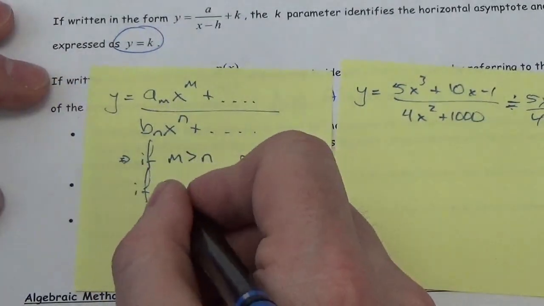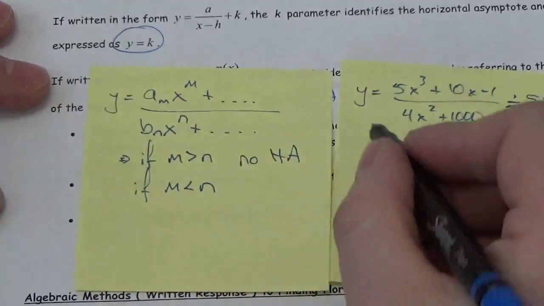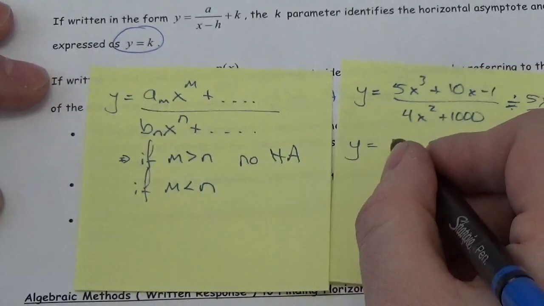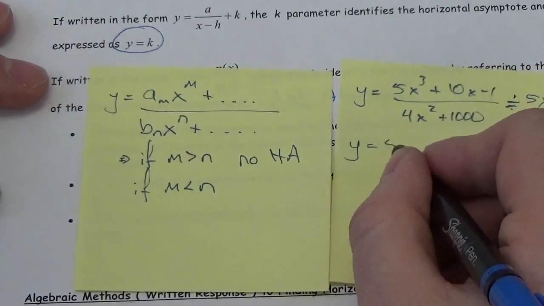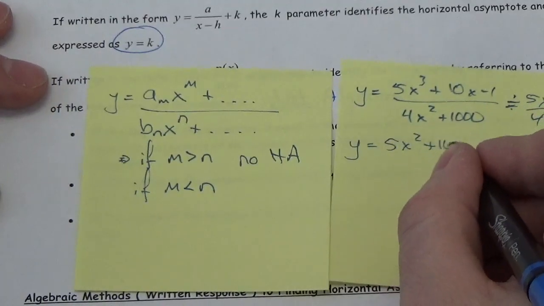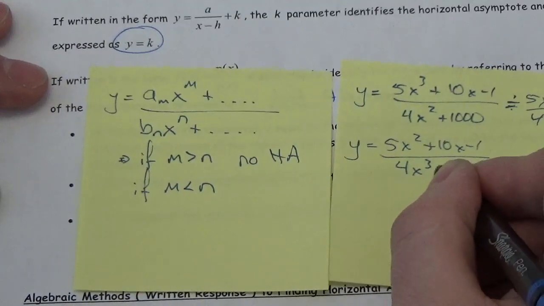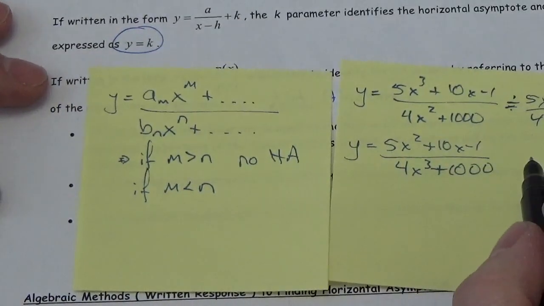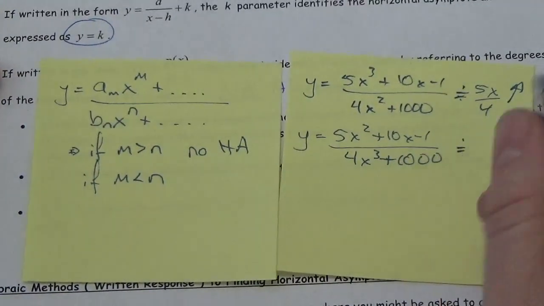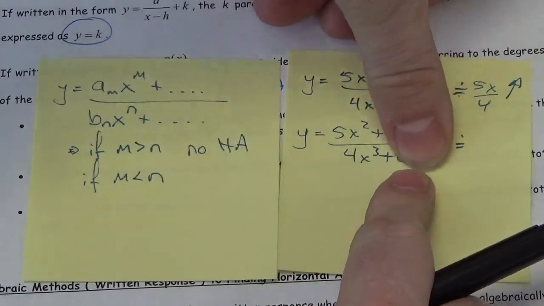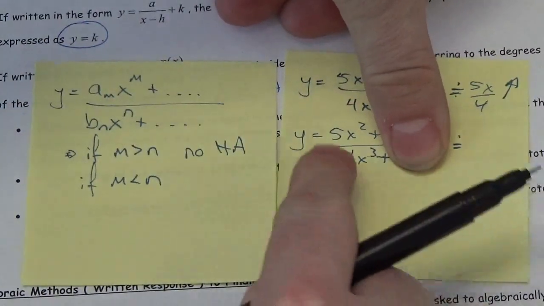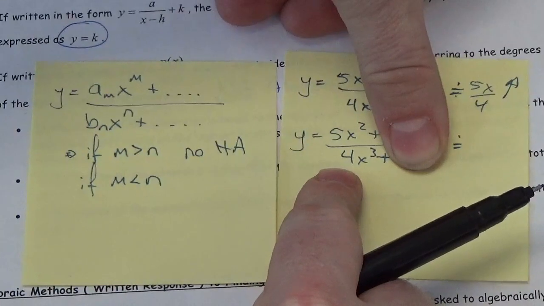If m is less than n, an example is to just flip the degrees here: 5x squared plus 10x minus 1 over 4x cubed plus 1,000. Again, as x gets larger, this stuff over here means nothing. It's just the leading terms that are important.